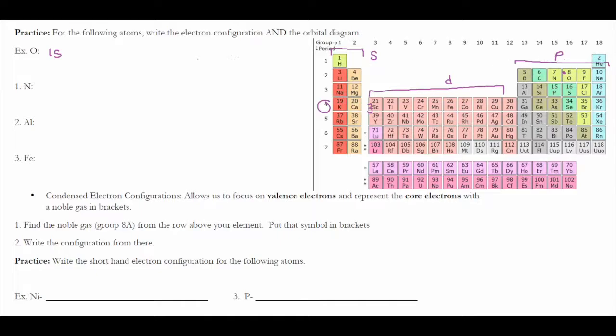So it's 1s2. Then I'm going to go to the second energy level, so it's going to be 2, and it's still S. And I've got 1, 2. So it's going to be 2s2. Then it's going to be 2, now it's P, because I'm in the P sublevel. And I've got 1, 2, 3, 4. So it's 2p4. And that's all there is to it.